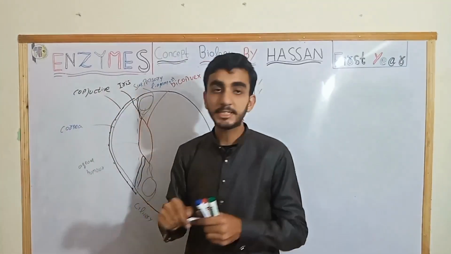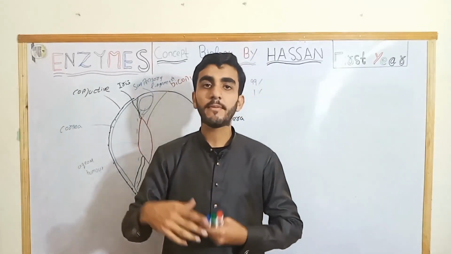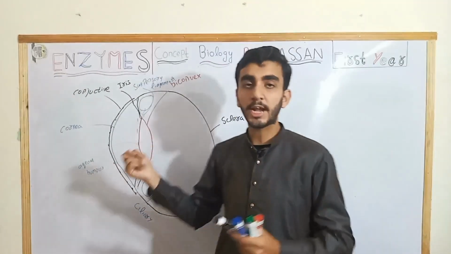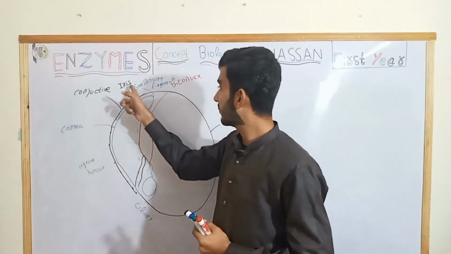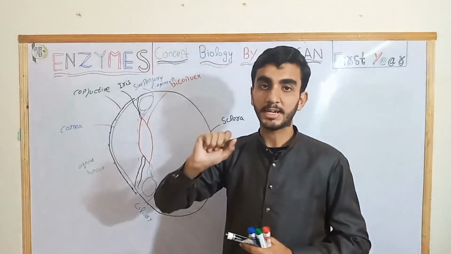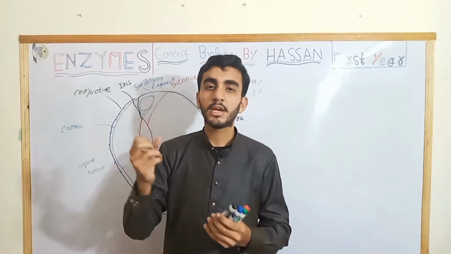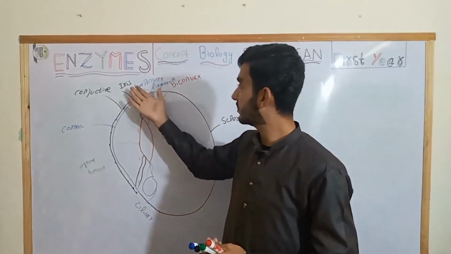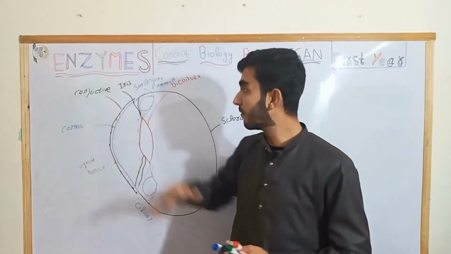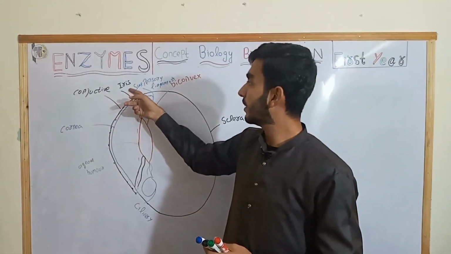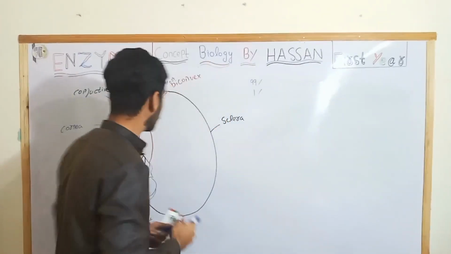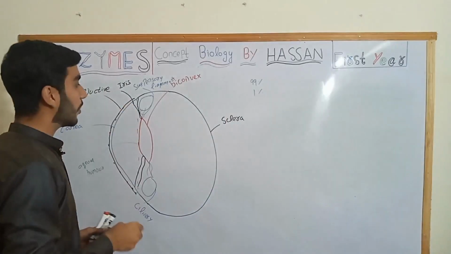If someone says that he or she has blue color eyes, then you know that this color is due to the iris. This iris reflects the blue color and absorbs all the other colors, and on that basis we call it blue color eye. So iris is the colored part of our eye.